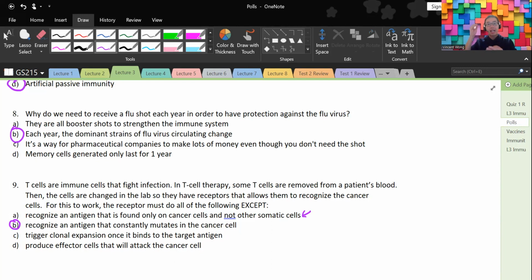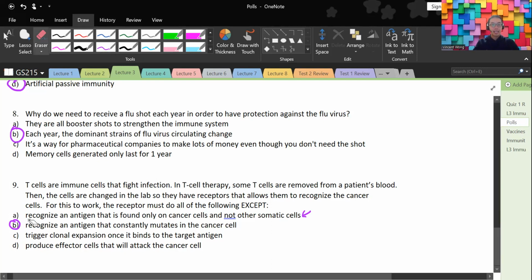By having a high specificity, you can target precisely what you want to target and leave everything else alone, okay? But the downside is if the thing that you're targeting changes because of mutation, then that antibody that you created will no longer be effective, right? Okay, so that's the exception. We're not going to be able to create a T cell with the receptors and therefore with the antibodies to constantly recognize something that mutates.